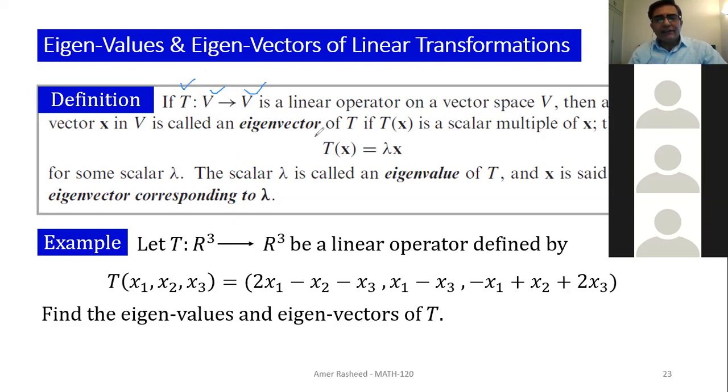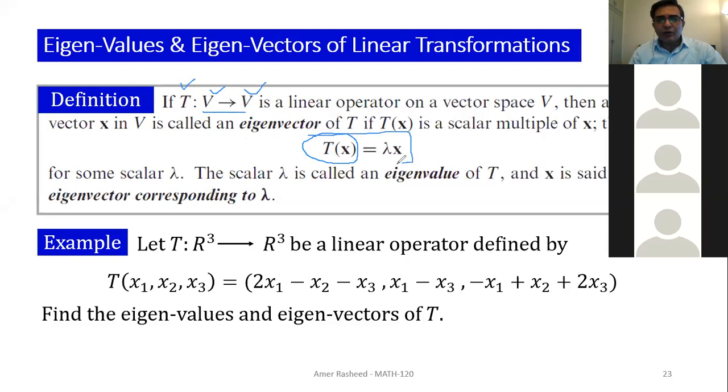We know that the definition of linear operator is what? T of x is equal to what? How can we write? If somebody has any question, same dimension. Yes, you can say both the vector spaces should be of the same dimension. Now, how to find eigenvectors and eigenvalues of a linear operator?